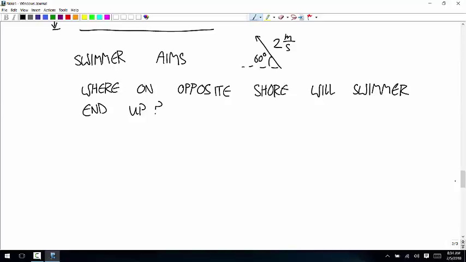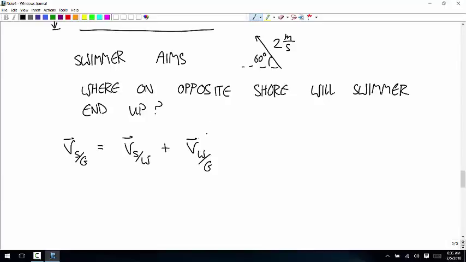Okay, so what are we going to do here? How are we going to solve this? We're going to try our best. That's good. Yeah, right. So we want to figure out the velocity of the swimmer. Everything here is constant velocity. So the velocity of the swimmer relative to the ground is equal to the velocity of the swimmer relative to the water plus the velocity of the water relative to the ground.